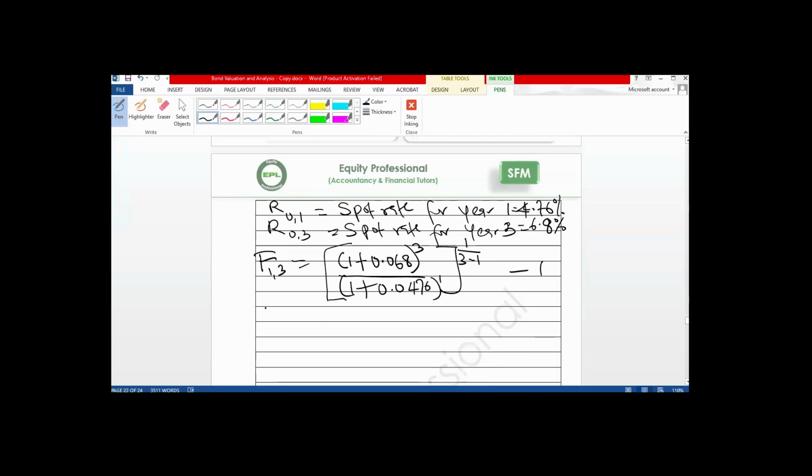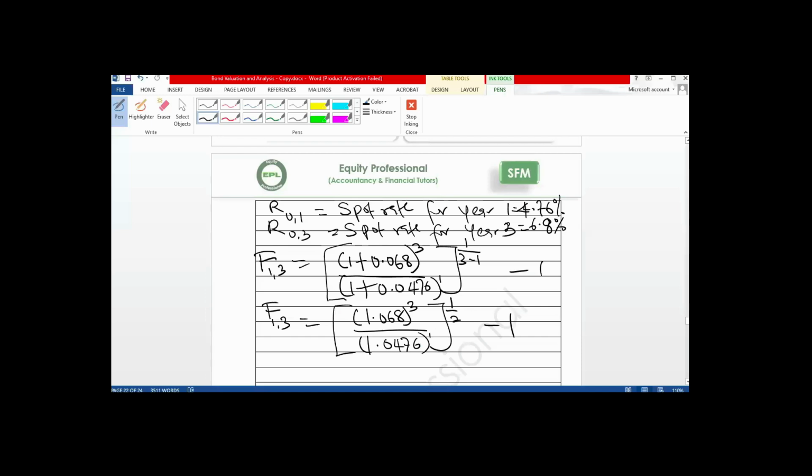Then I can do this. Forward 1 to 3 is equal to 1.068 raised to power 3 divided by 1.0476 raised to power 1. Close my brackets. 1 over 2 minus 1.